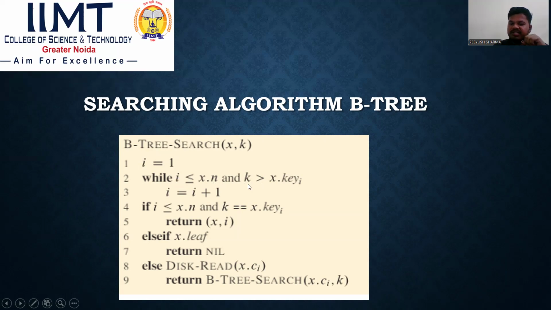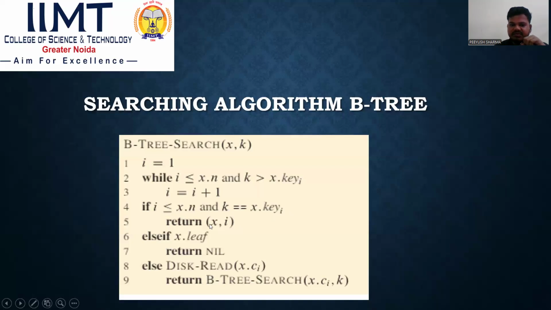If our key is greater than x.key_i, then what will we do? We will increment this variable i. And if i is less than or equal to x.n and k is equal to x.key_i, that means i is in our boundary and our key is found at index i, then what will we return? x as well as i.